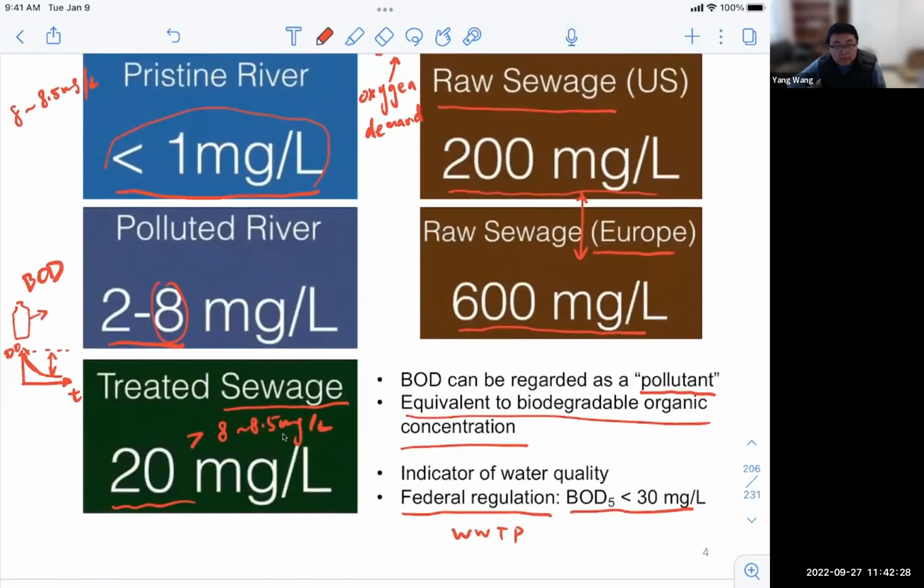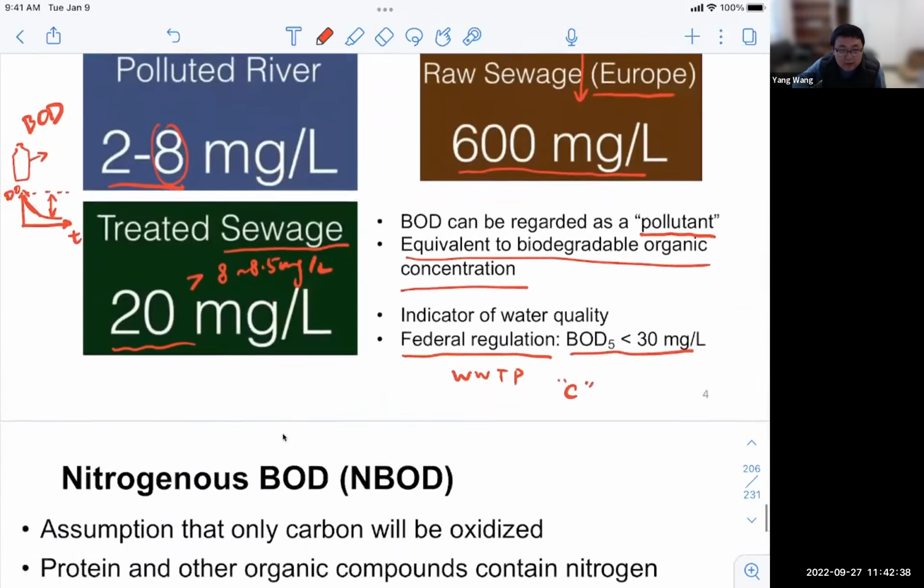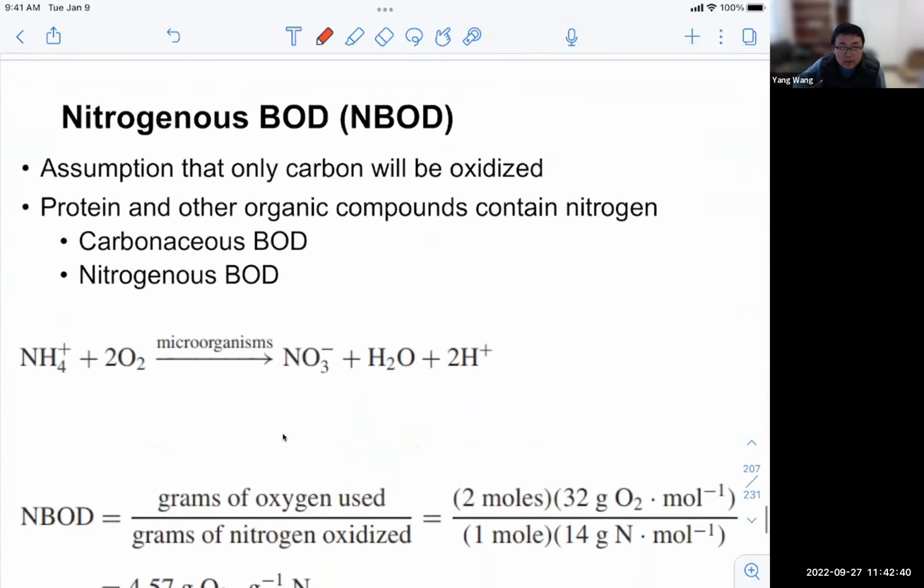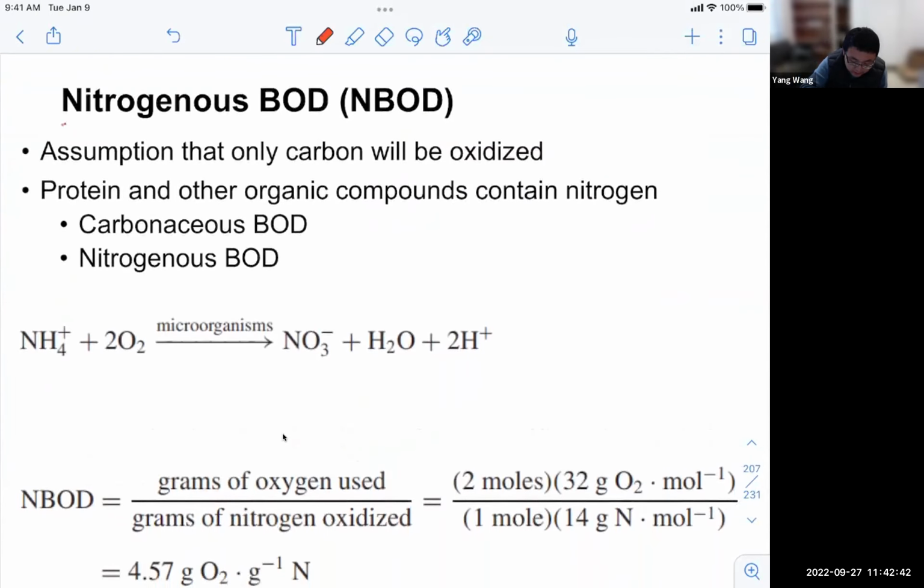So this is about the BOD, and you can see that right now we're mainly focusing on the carbonaceous species, right, that contains carbon. But actually for the organics in our environment, there's also species that's containing nitrogen, okay? For example, the protein, the amino acids, right, they contain nitrogen, and nitrogen species can also get oxidized, right?